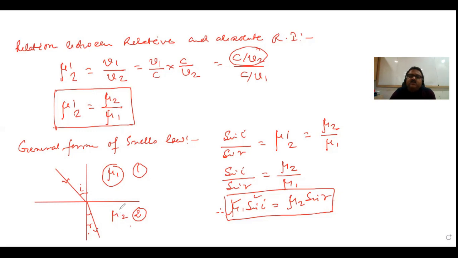Is it clear? Now let me show you a problem related to this. Let's take a problem first. The question is this. Light is moving from medium 1 to 2.